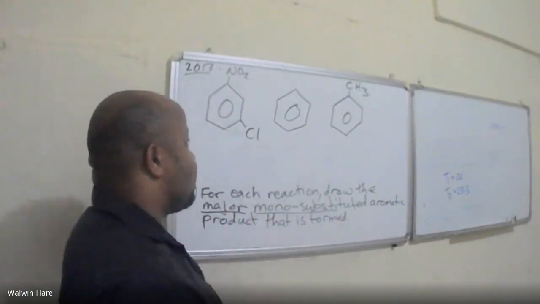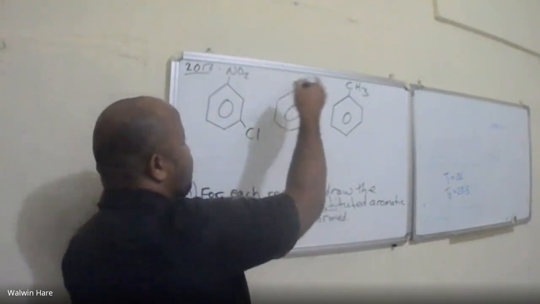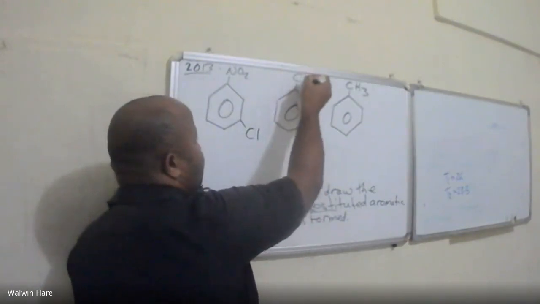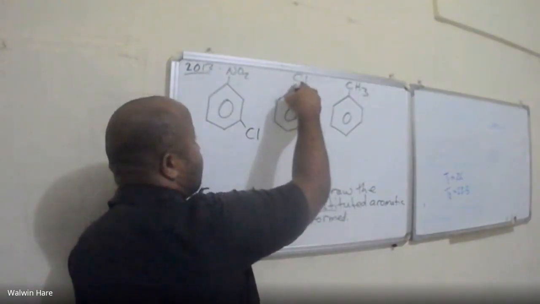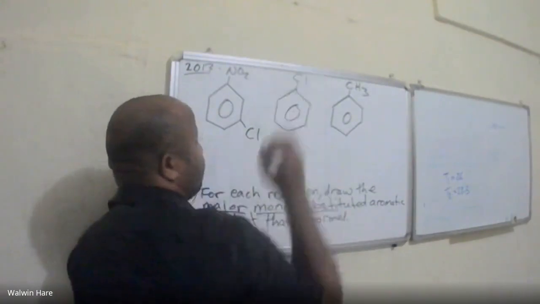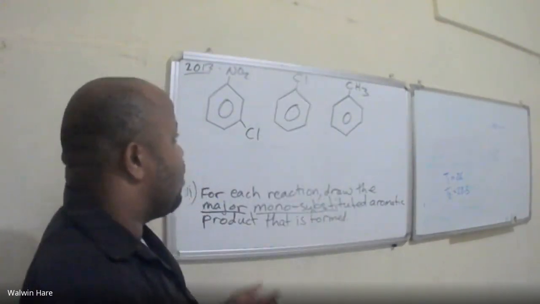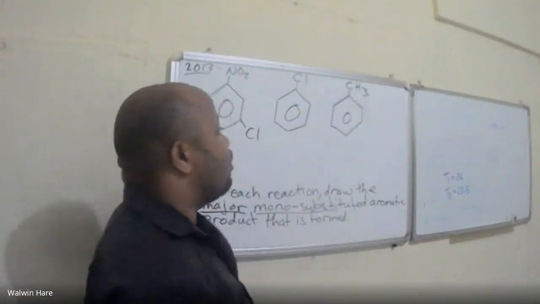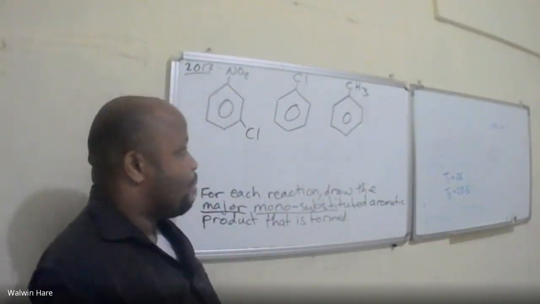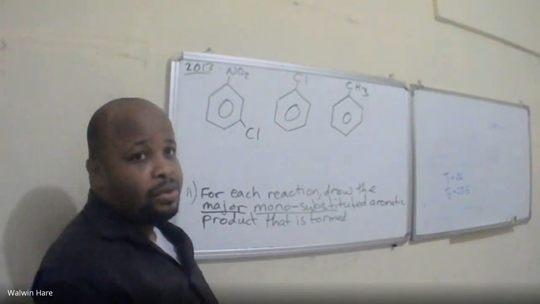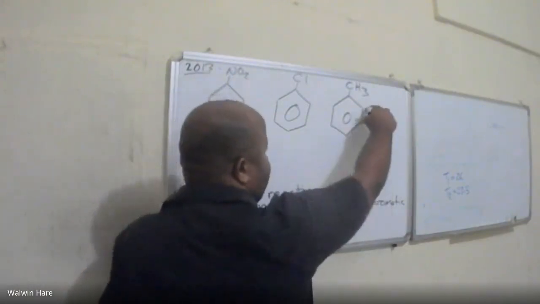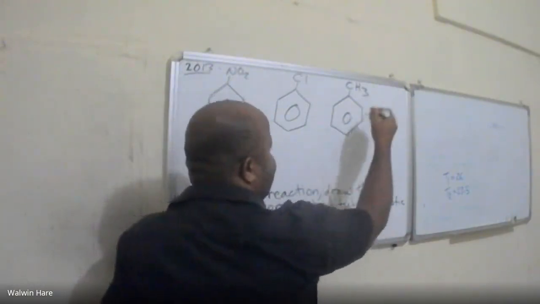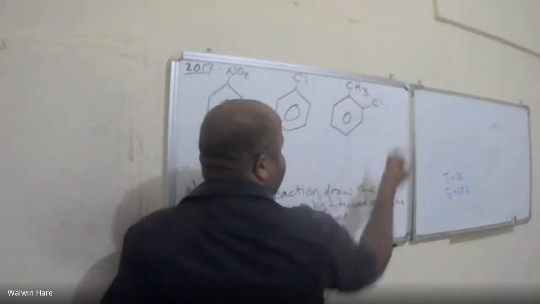Now with benzene, which is empty, there is no direction, so you can put the chlorine where you want. Alright? There is nothing directing it to ortho or para anywhere. But the methyl group, as I said, is an ortho para director, so you can put it in the ortho position or in the para position. Alright?